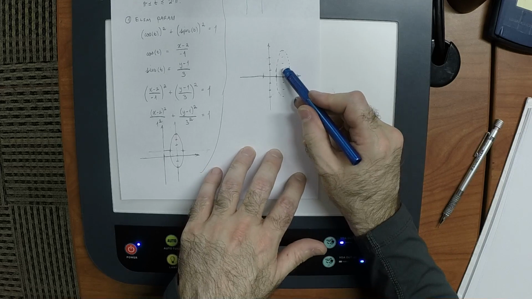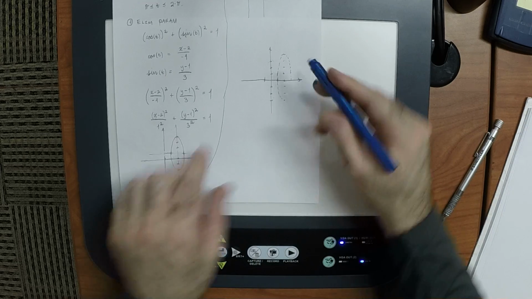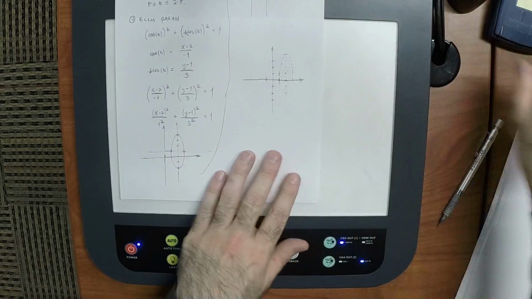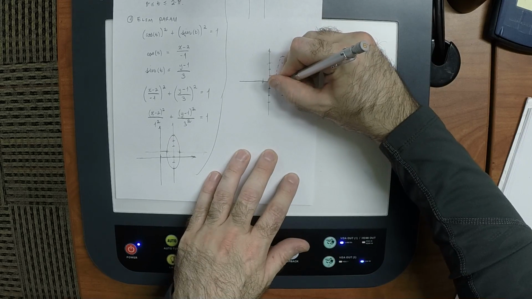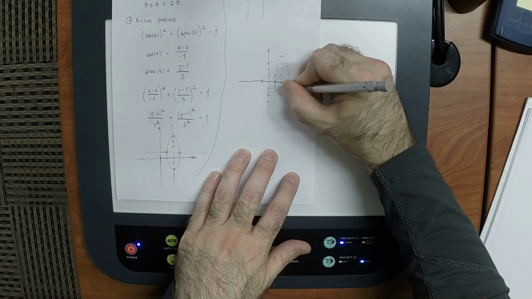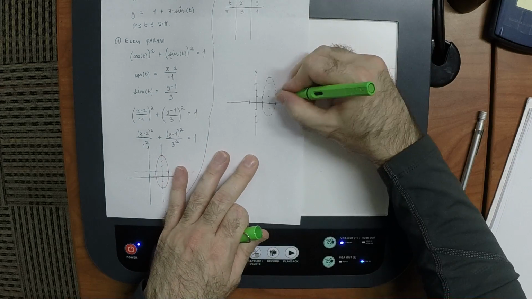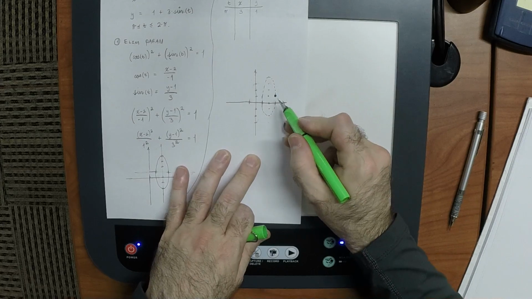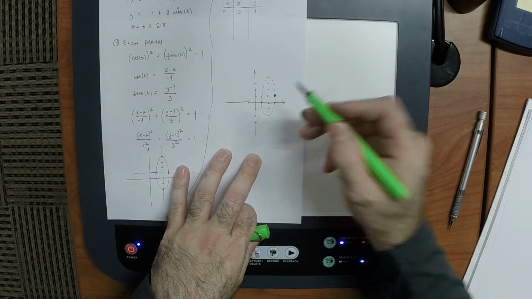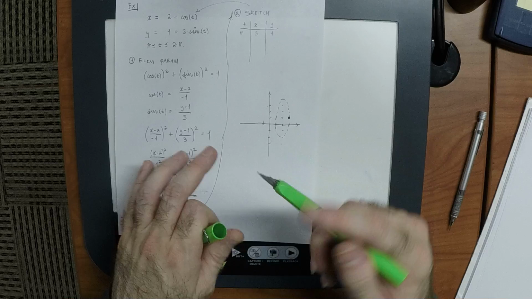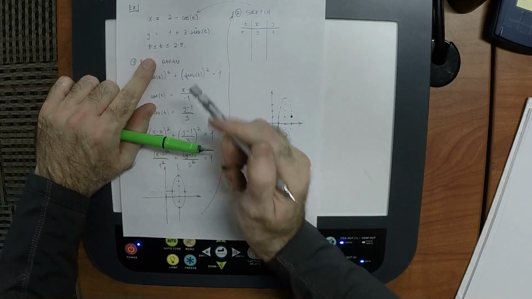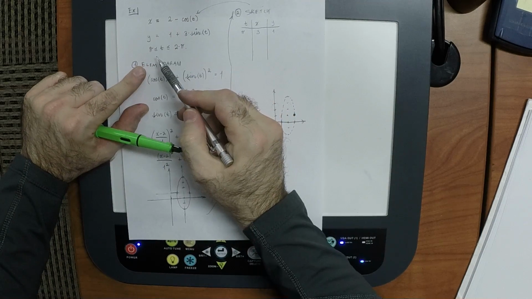Wait a second. All right, so they've got to be on there. So 3, 1, that'd be right there. So that's the point 3, 1. Okay, so what's another point that we could evaluate in here?